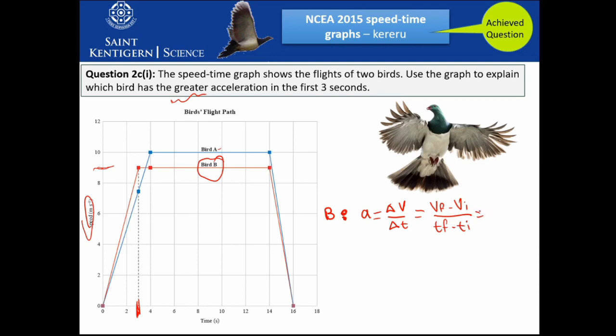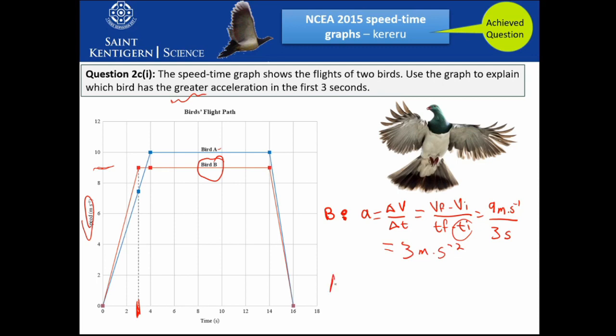Velocity final is 9 minus 0, so I'll just put in there 9 meters per second, divided by time final, which was 3 seconds, minus time initial, which was 0. So our answer for bird B is 9 divided by 3, which is easy, 3 meters per second per second.